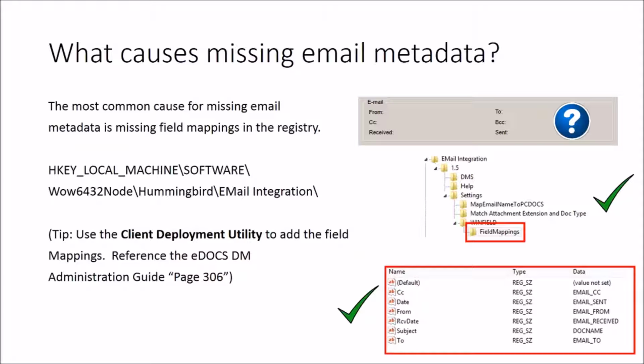I recommend that you use the client deployment utility to put these registry keys in place. If you're not familiar with this utility, you can find out more information on it in the eDOCS DM Administration Guide on page 306, and this is the DM10 Administration Guide.